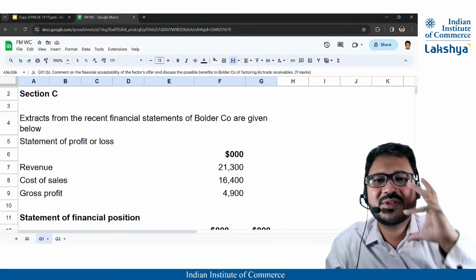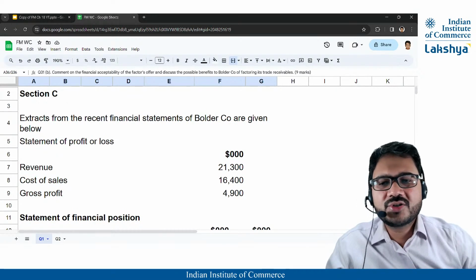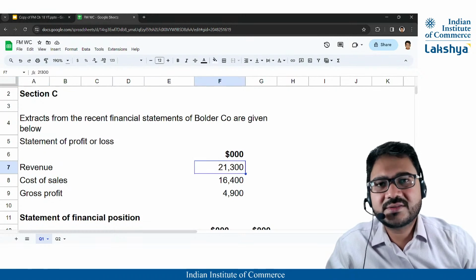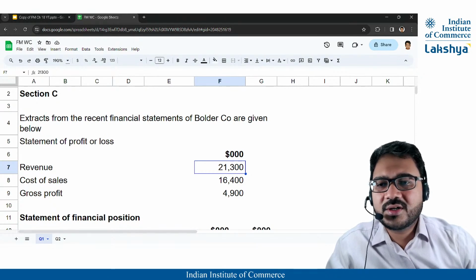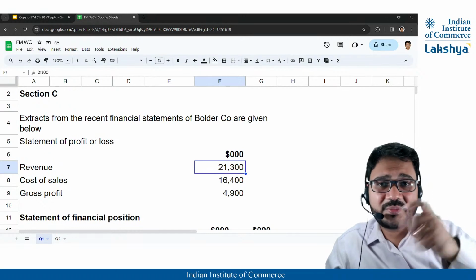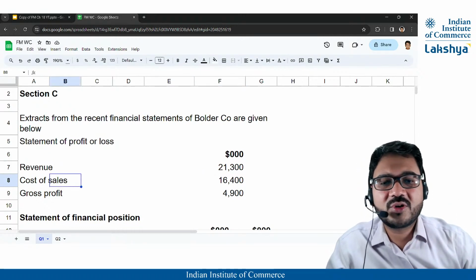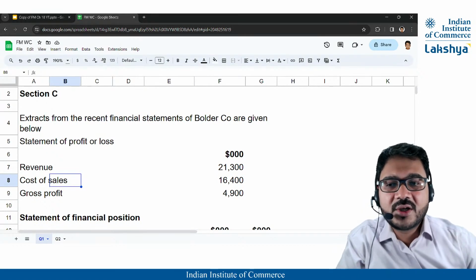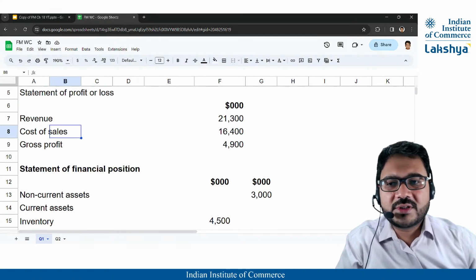So now we have some sense of what we are looking at. We understand revenue is going to help us find the credit sales. If there is a percentage of revenue, we'll know how much the credit sales are. From cost of sales, we'll know our receivables, because receivables will probably be valued at cost of sales, or whatever.